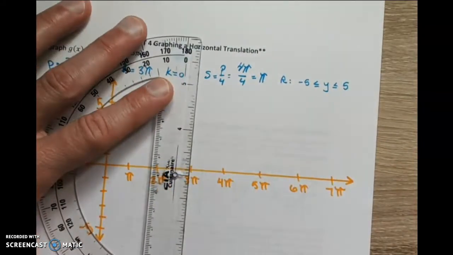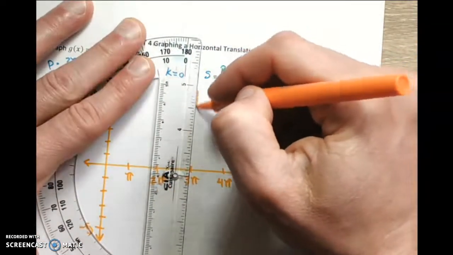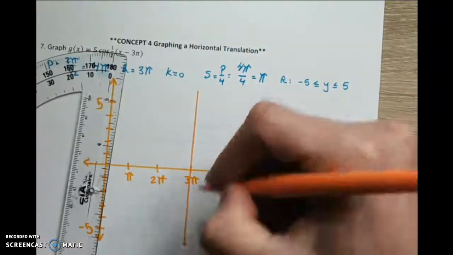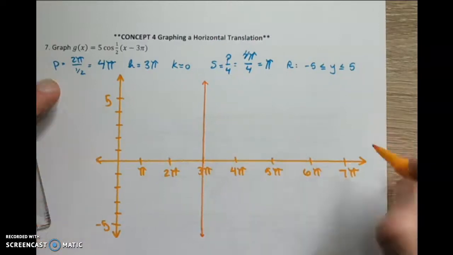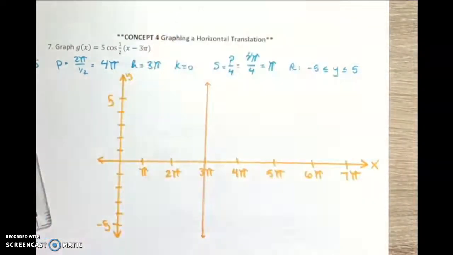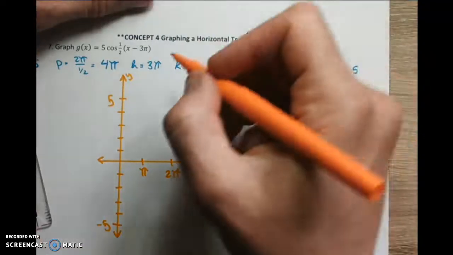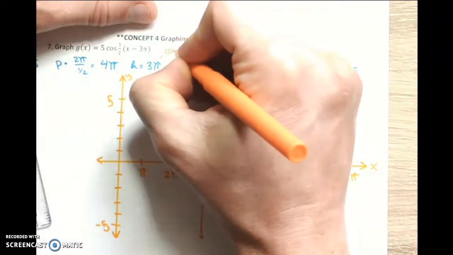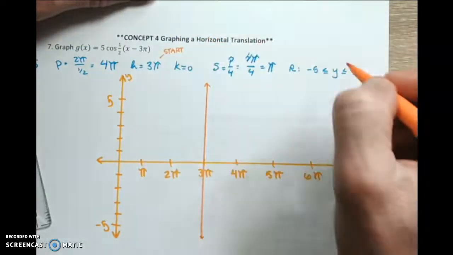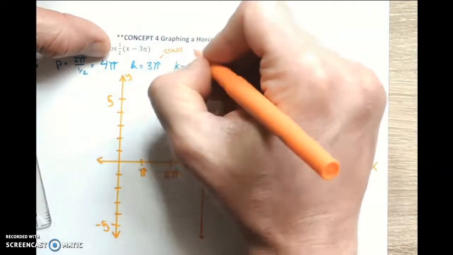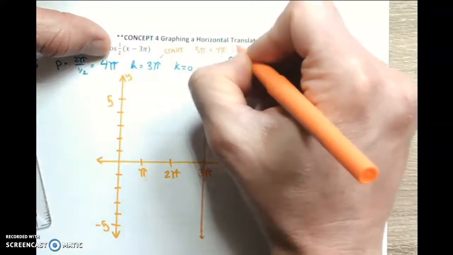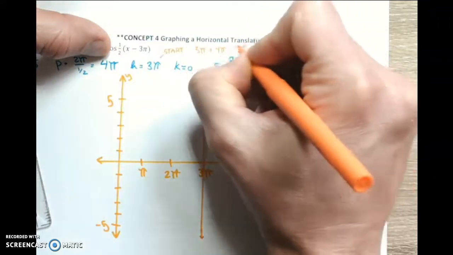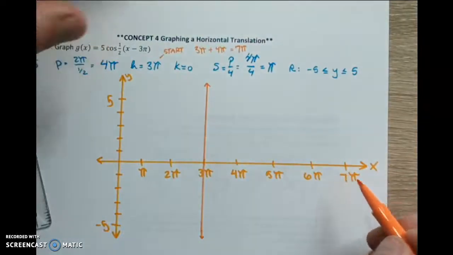I'm even going to make another line right here, and that's where I'm going to start. Okay, so I'm not starting on my y-axis anymore. This is my start, right? Where's my finish? Well, it's going to be the start, the 3 pi, plus the cycle, which is the 4 pi. So that's going to equal 7 pi. So I should be ending this cycle right here on the 7 pi.